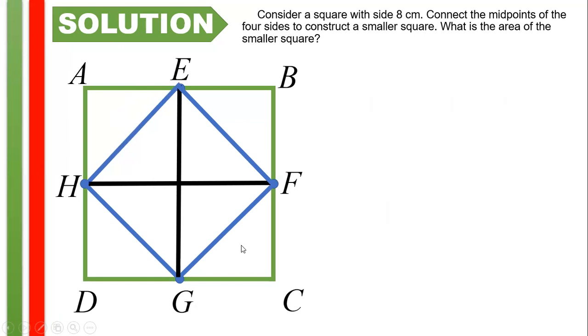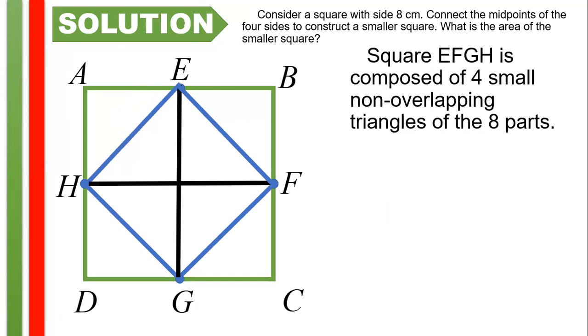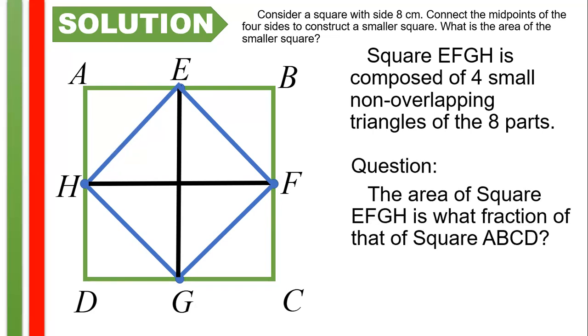And from here, we could see that square EFGH, this one, is composed of 4 small non-overlapping triangles of the 8 parts of square ABCD. And this leads us to the question, the area of square EFGH is what fraction of that of square ABCD?